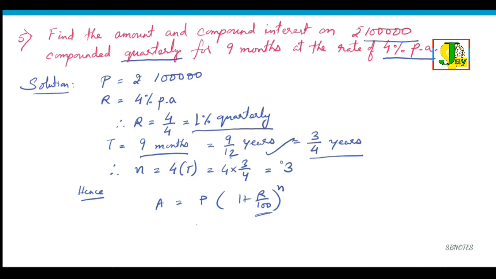And what will n be? n will be 4 times the time, so n is 3. Now we put the values here. P is 1 lakh into 1 plus r, we could calculate here, but we have already calculated, so that's 1 by 100 whole power n, which is 3.